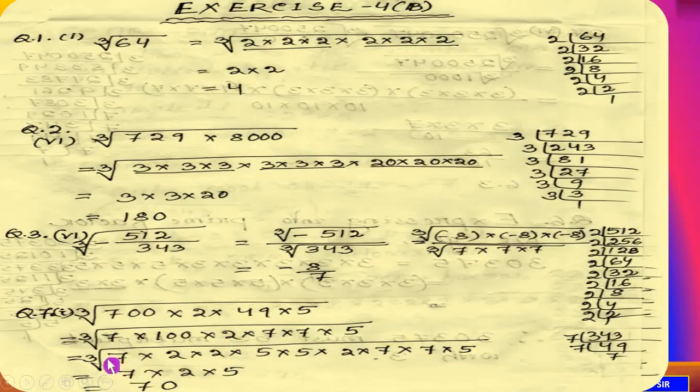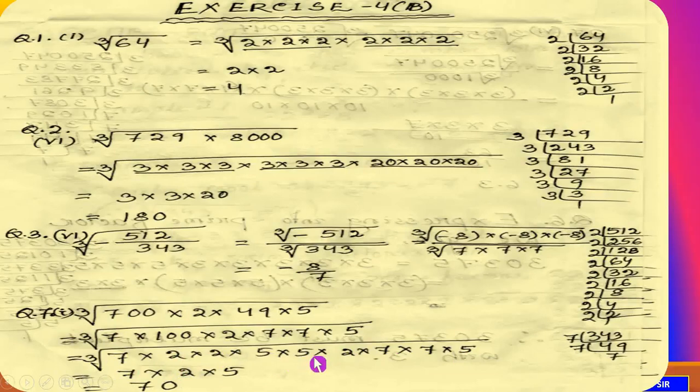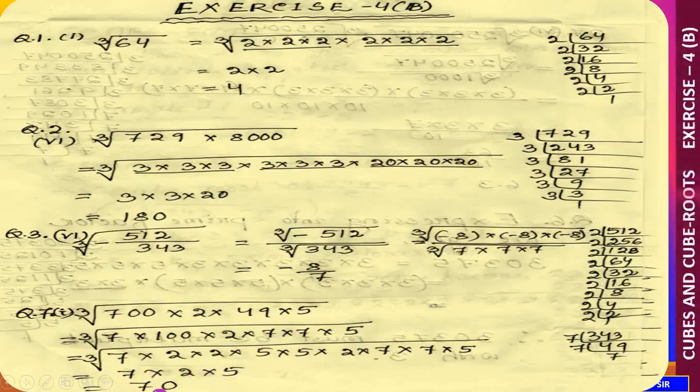How many 7s are there? 1 2 3, three 7s. So one 7. Then 1 2 3, three 2s, so one 2. Then 1 2 3, three 5s, and this is another triplet, so into 5. So 7 2s are 14, into 5 is 70.